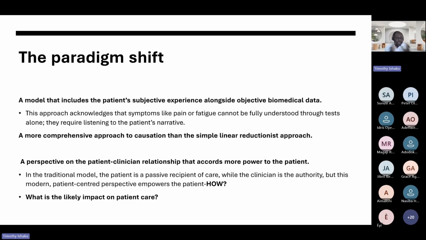Because of the collaborative nature, when you work with the patient rather than being paternalistic, whereby in our clinic we see our patients like our children, or think of it like a father sitting down with our parents sometimes, or we as parents in the other way, we just tell our children, oh, do this, do this, do this.